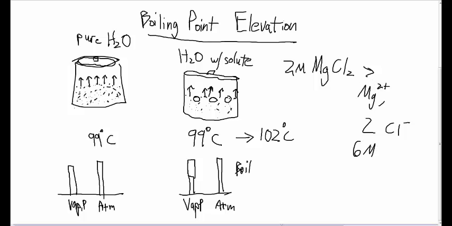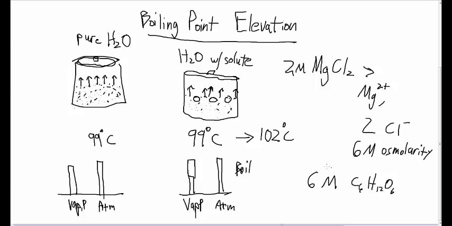You'd have a 6 molar total concentration, or a 6 osmolarity. So to equal the effect of your 2 molar magnesium chloride, you'd have to have about 6 molar of a non-ionic compound, for instance, like glucose or something like that.